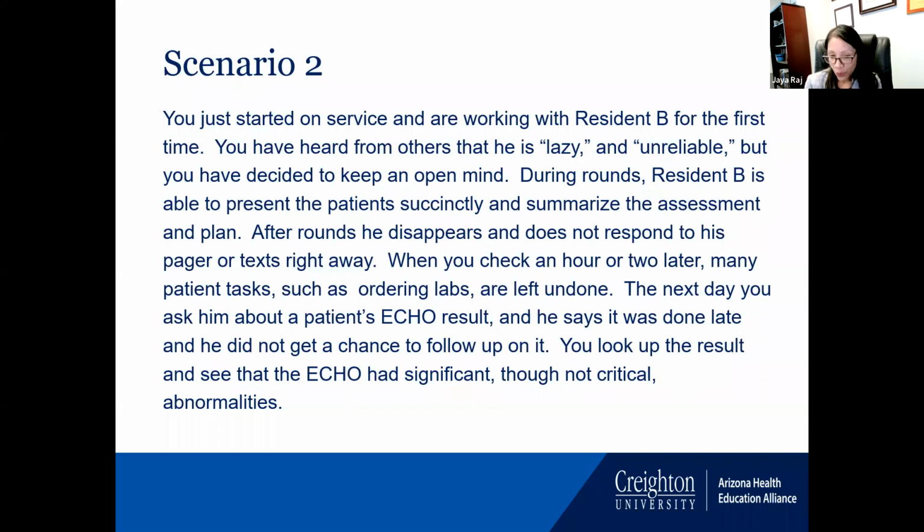So after you've told them about this particular issue, you've given them your observations, how are you going to wrap up this session? You've just told the resident what you think they did well and what you think they need to improve upon.